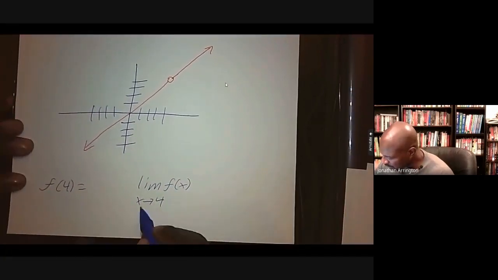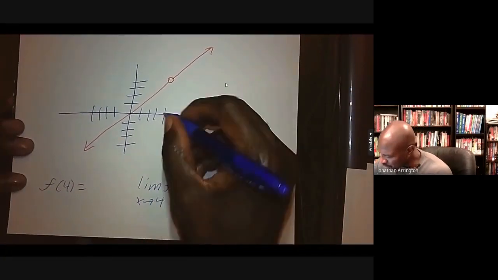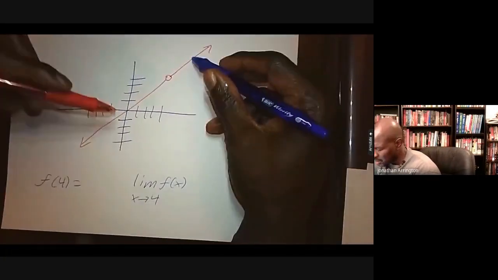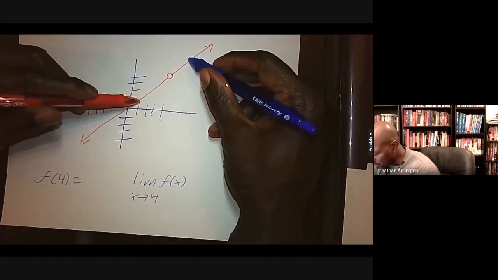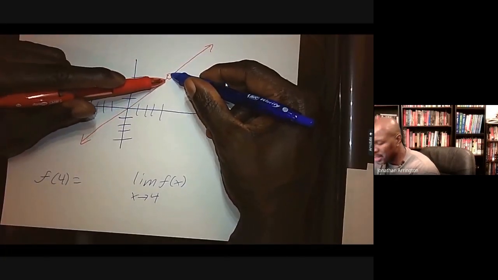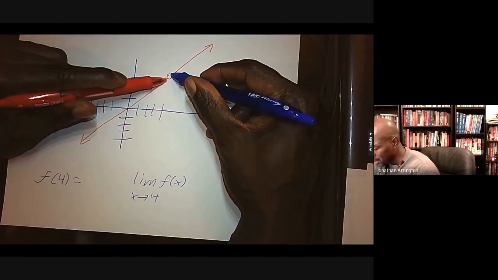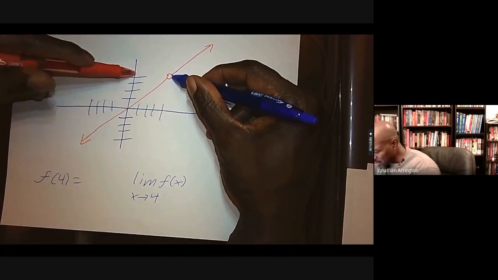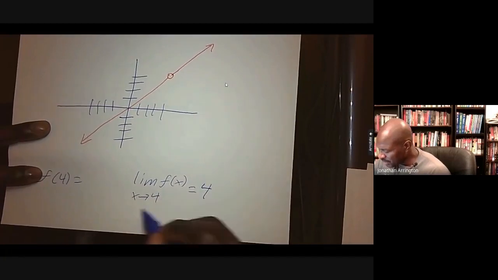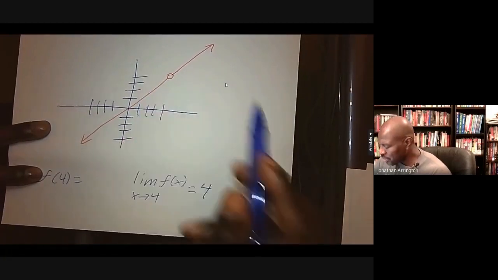Okay, so here we're finding the limit as x goes to 4. Here's 4 right here. I'm on the graph approaching 4 from the left and the right. My pens join, so they're coming to the same point, which is very good. And the y value there looks to be 4. So the limit of f of x as x goes to 4 is 4.